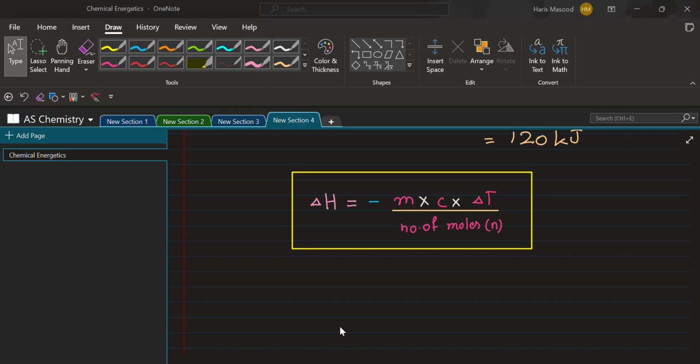Then you will get the enthalpy. Apart from that, we can do a question regarding it. We'll do the question in topical past papers because the questions are very limited for this chapter, so we will be doing that in our past papers.